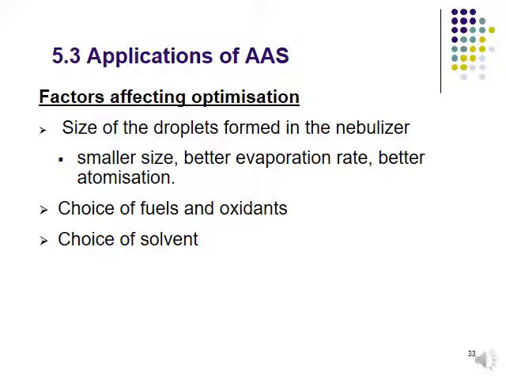Does it require a very high range of temperature for the flame? When you have lots of interference, you are advised to have a higher temperature range. So you need to choose your fuels and oxidants wisely.